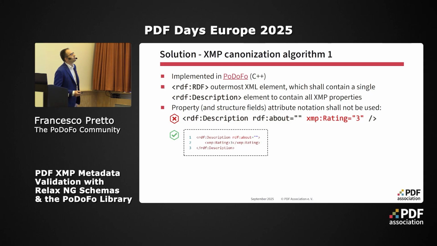So, for example, here we have the XMP rating property within its RDF description element, and we don't want the attribute notation. We just turn it into an element notation, so we just remove one other way to represent the same data.